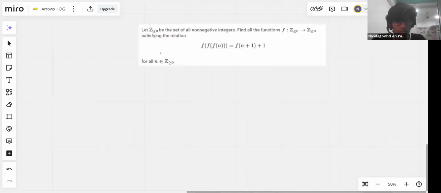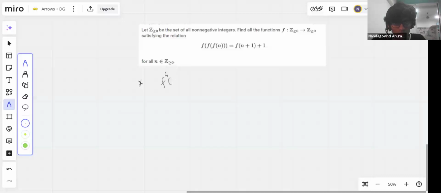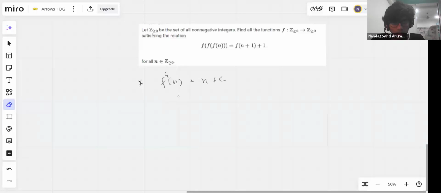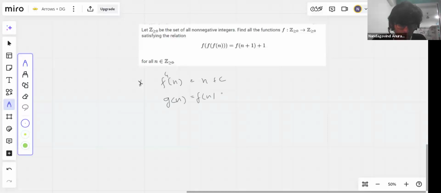stuff like f of f of f of f of n, f^4(n), is equal to n plus a constant. Okay, and then I wanted g of n equals f of n plus 1, and show that g squared of n is equal to n plus a constant.